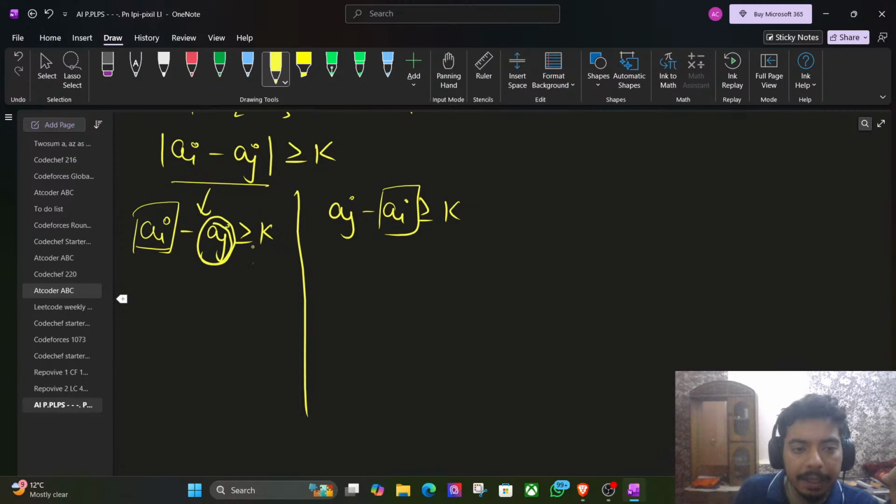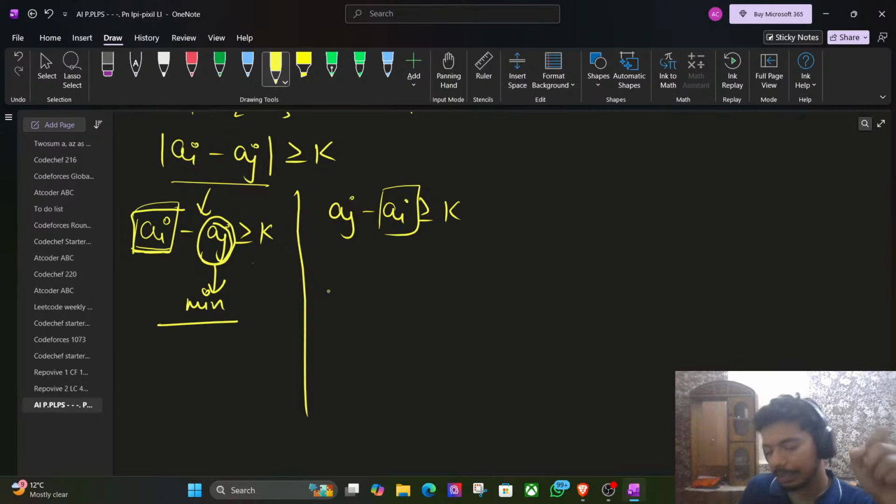Look, I need any value which is greater than or equal to k, correct? So what value should I choose for aj? Listen to my problem. What value should I choose for aj such that when it's subtracted from ai, the answer is always larger? I have to take this value as minimum as possible, because when I'm subtracting, the second part being as minimum as possible makes the answer as large as possible.